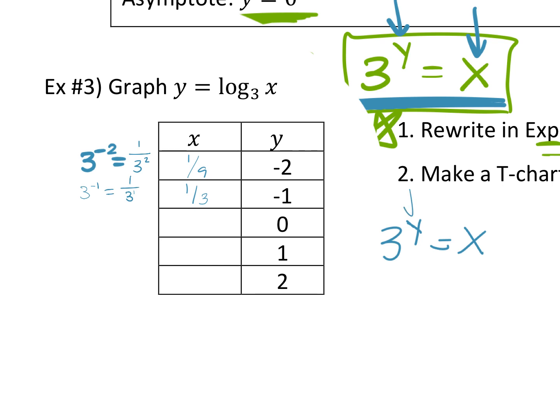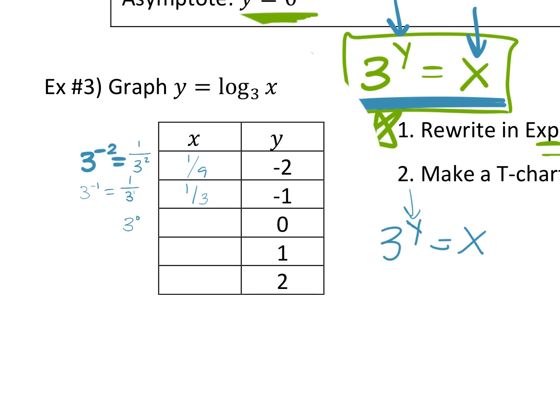Do you see why we're plugging it in for y instead, right? 3 to the 1st is easier than 3 to the something equals 1. That one would be pretty simple. But for the most part, it's easier if you do the work on one side and have an isolated variable on the other. So what is 3 to the 0 power?